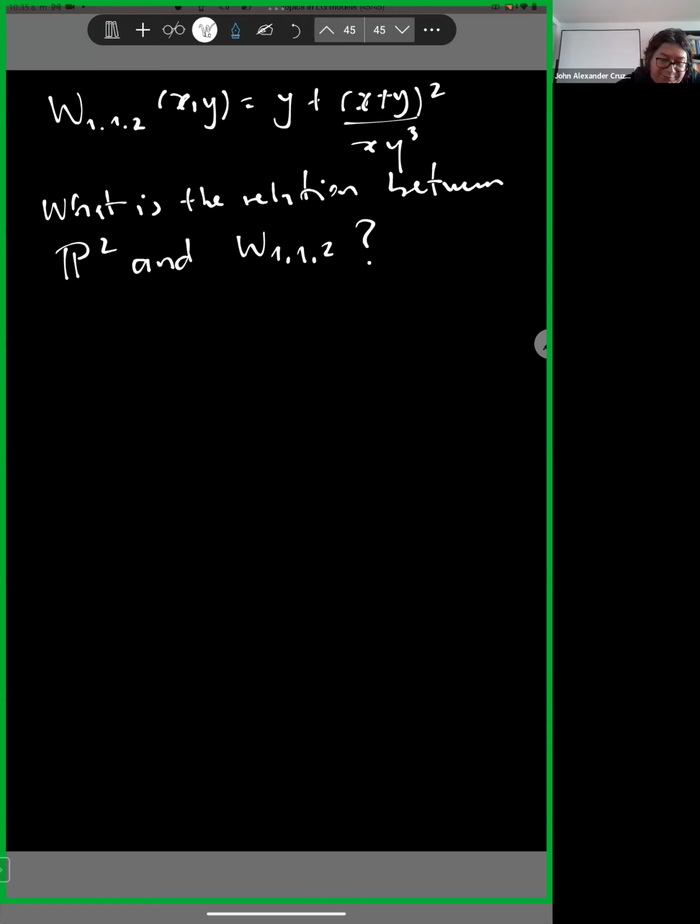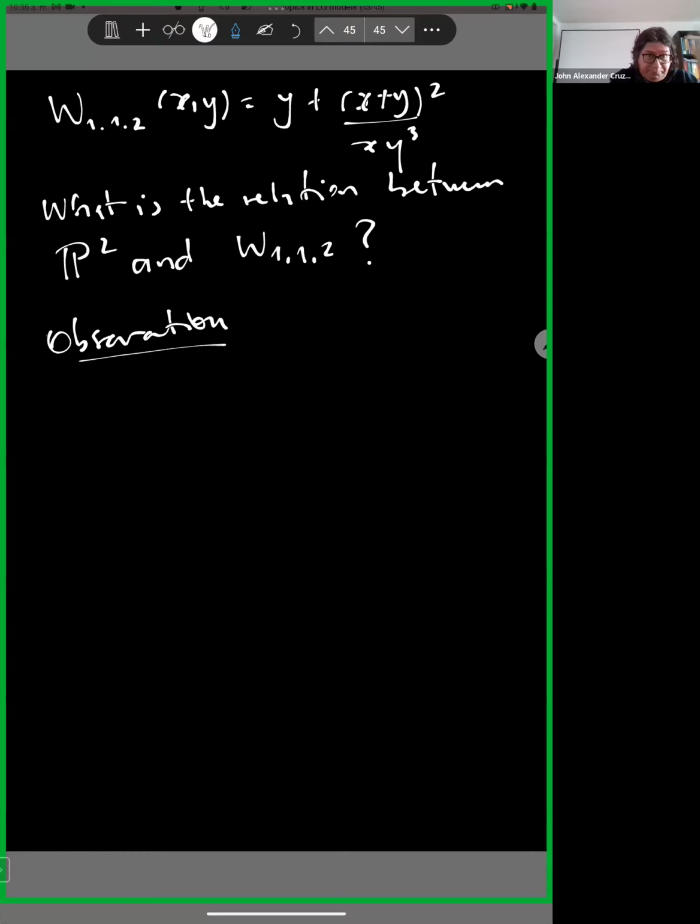The first observation I have to make, which is important, is the following. Last time we defined what is called the classical period for a Laurent polynomial. If you take the original Laurent polynomial x plus y plus 1 over xy, you can compute the period.